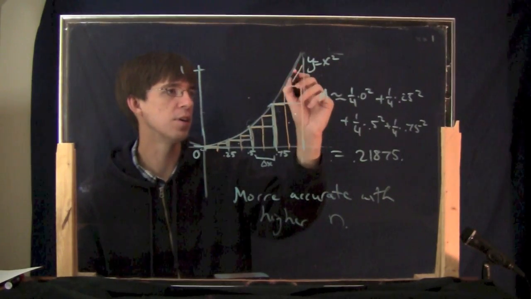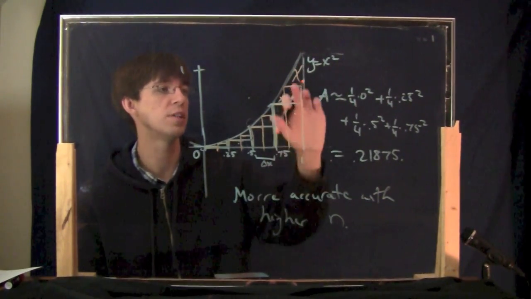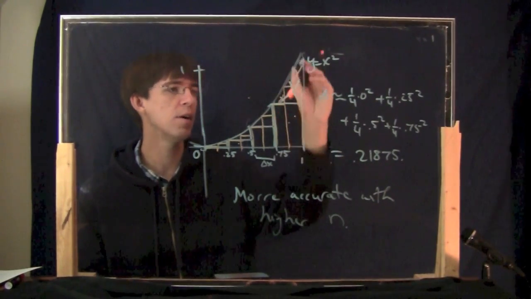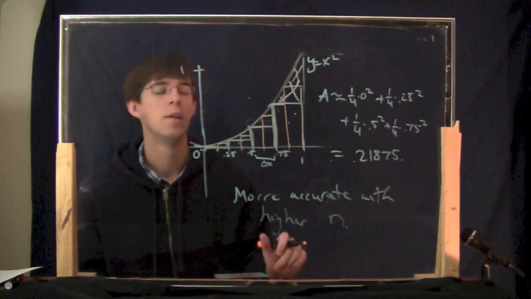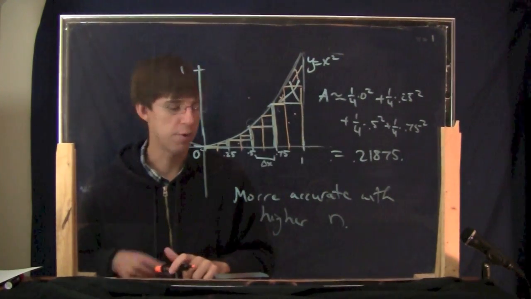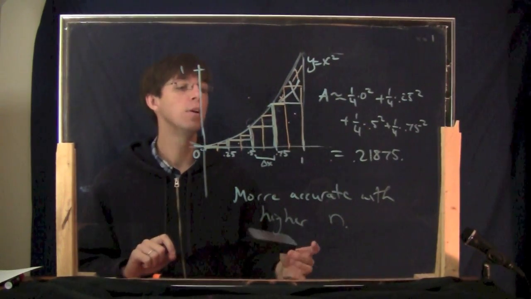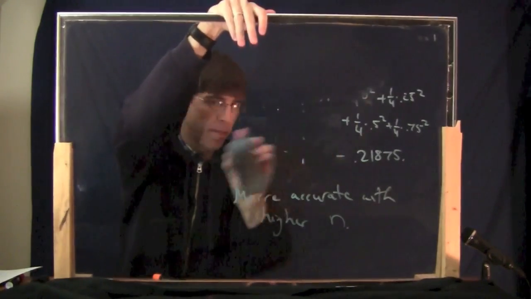Like this time, here's a region which I'm missing. My rectangles are going to be underestimating by that much. But in the blue version, I was missing this whole thing up there, right? So when you increase the n, the estimation of the area gets more accurate. So if you really wanted to get a very accurate answer, you should just use a higher n. That's all there is to it.